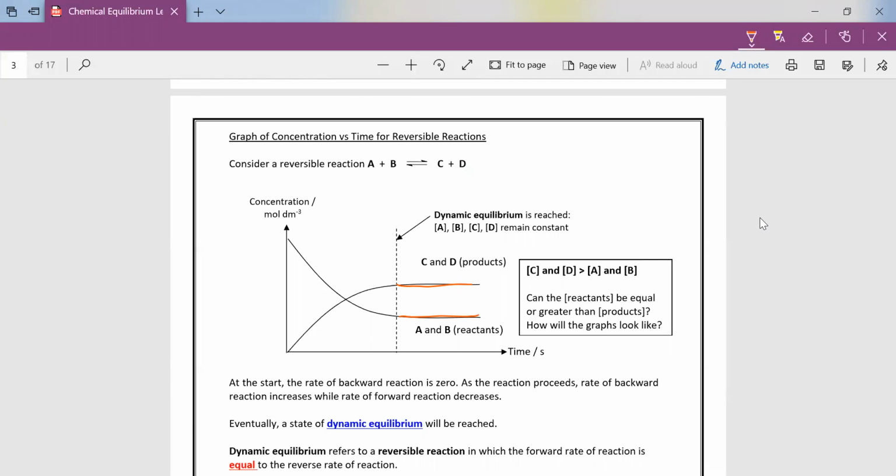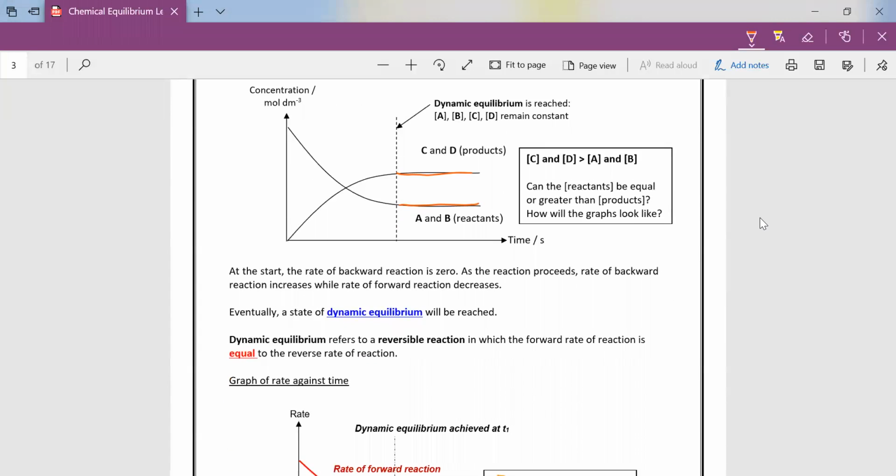This is what we call a dynamic equilibrium, where the concentrations stay constant. Typically it takes a while for a reaction to reach dynamic equilibrium.